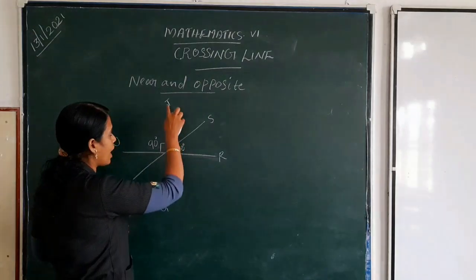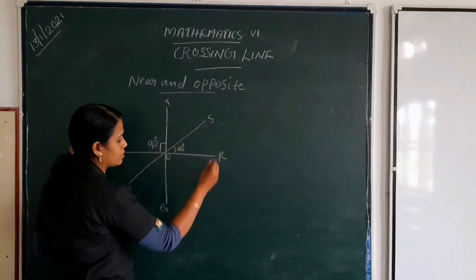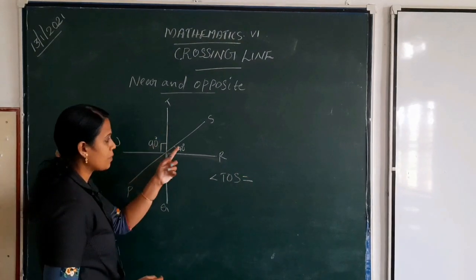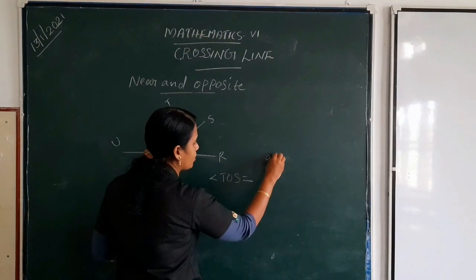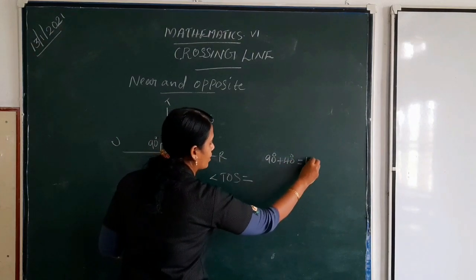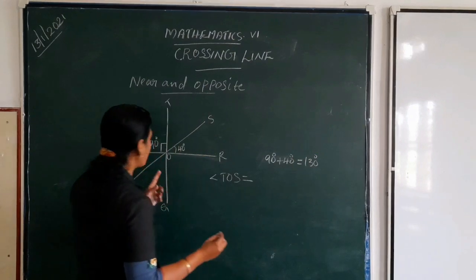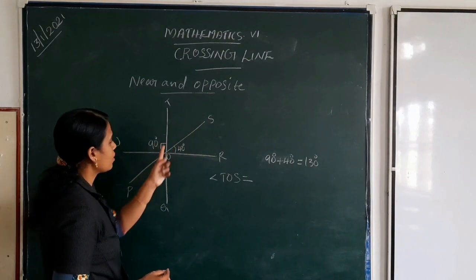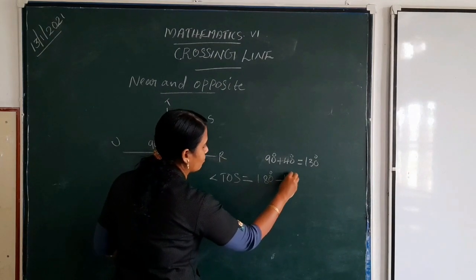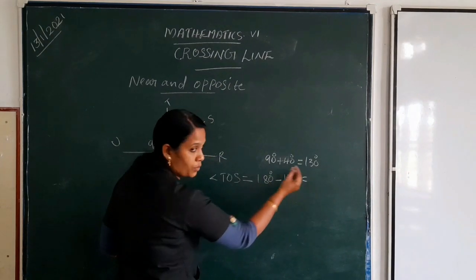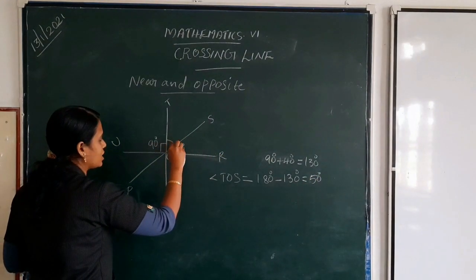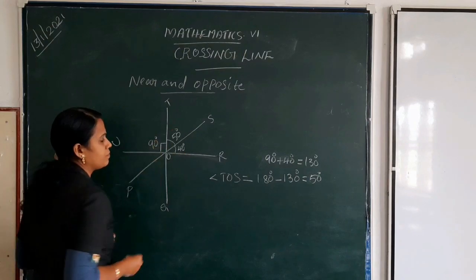Here we have to find out angle TOS. 90 degree plus 40 degree is equal to 130 degree. So angle TOS is equal to 180 degree minus 130 degree is equal to 50 degree. So this angle is 50 degree.